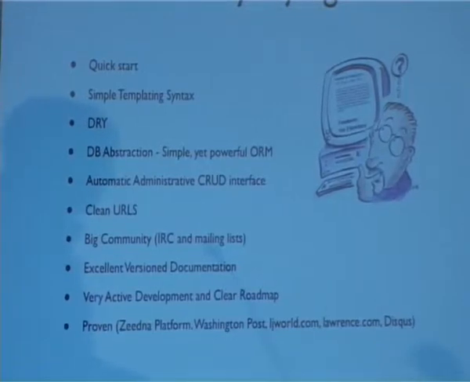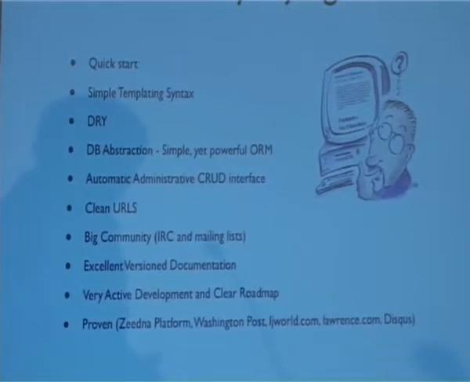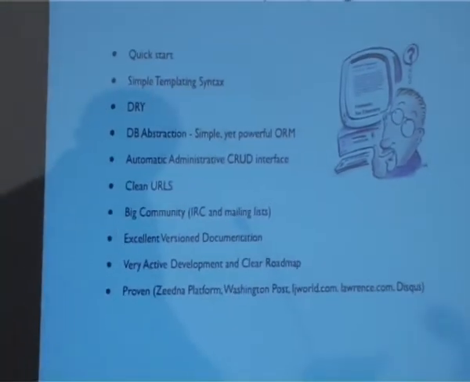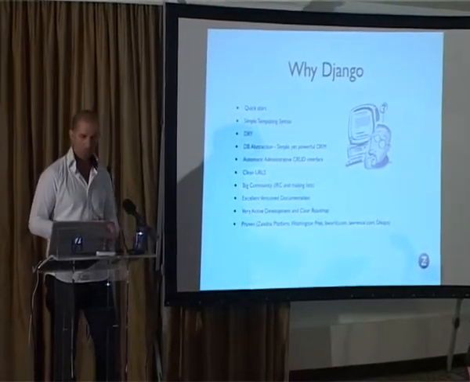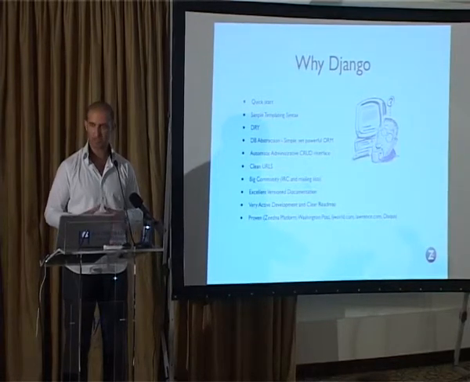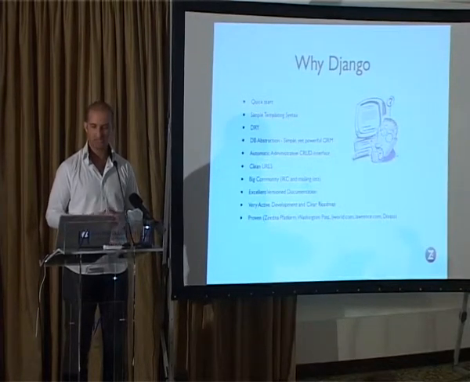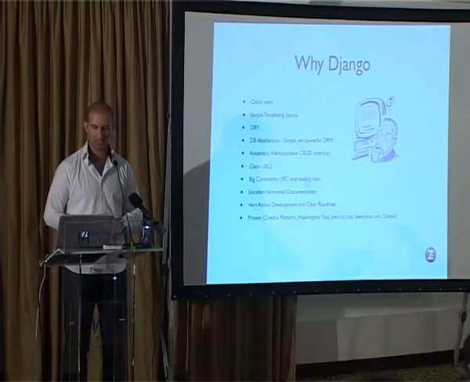We have the DB abstraction. This is very important. With SQL databases, you can change the database at any time you like. Use MySQL, Oracle, Postgres, or any of the SQL databases. We have the automatic CRUD interface. We all know as developers that CRUD operations, the insert, update and delete, are very boring to create.